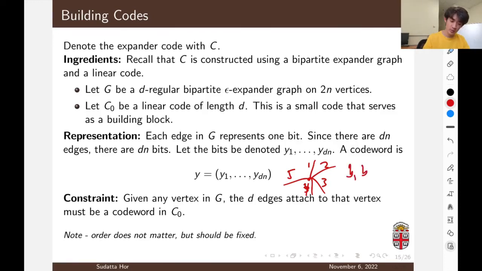So b1, b2, b3, b4, b5 is going to be an element of C naught. Okay, and also note that order doesn't matter, but it should be fixed.